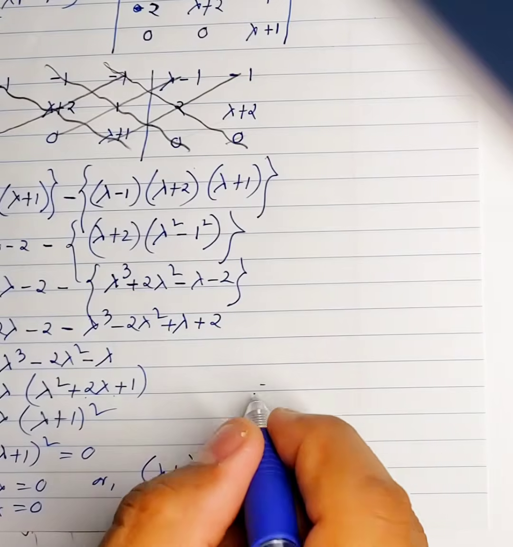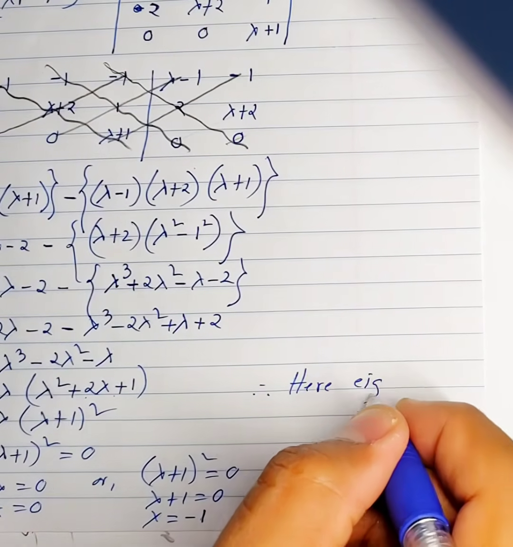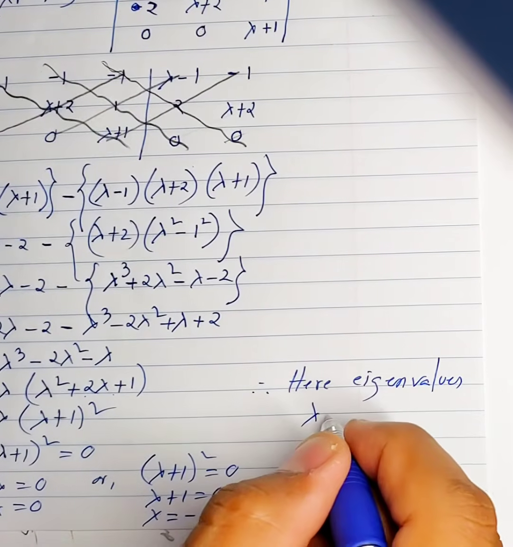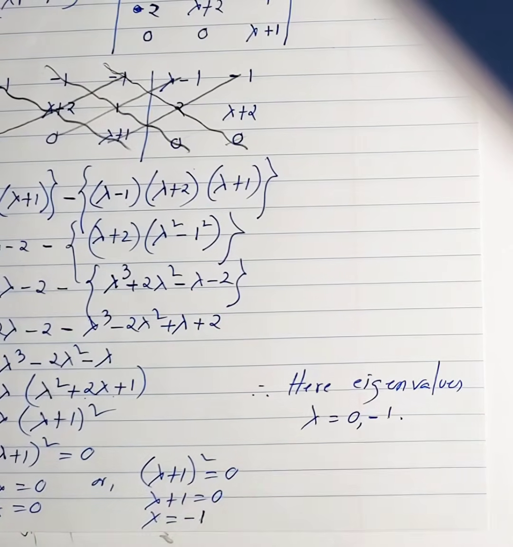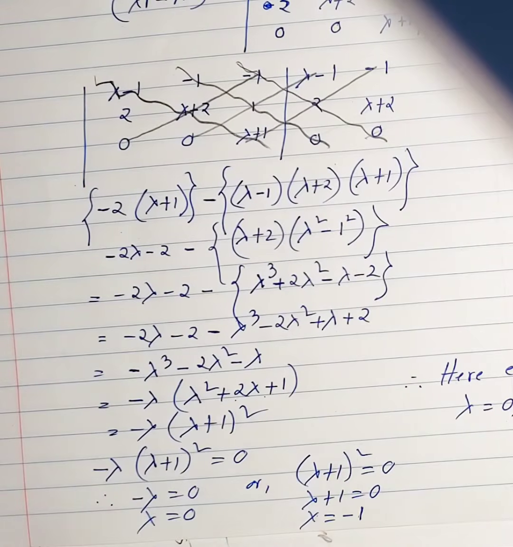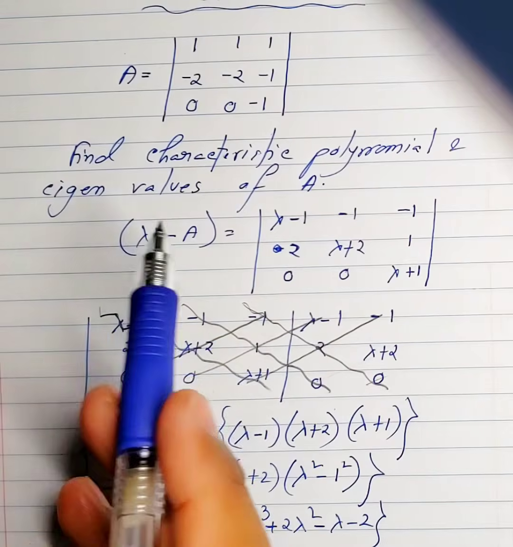So here your eigenvalues are lambda equals 0 and minus 1. This is how you can solve for the characteristic polynomial and find the eigenvalues from a matrix A, which is a 3 by 3 matrix.